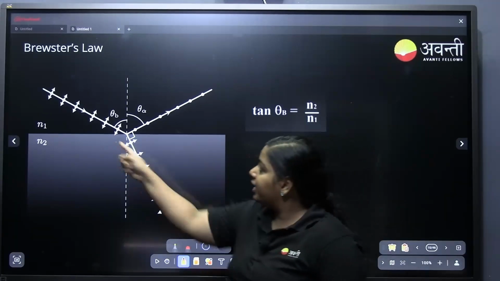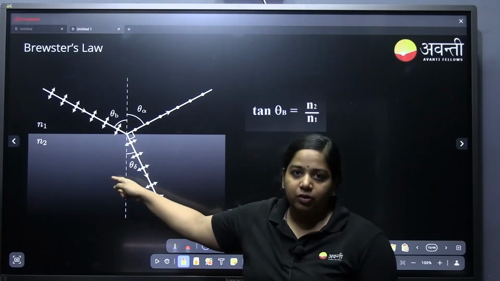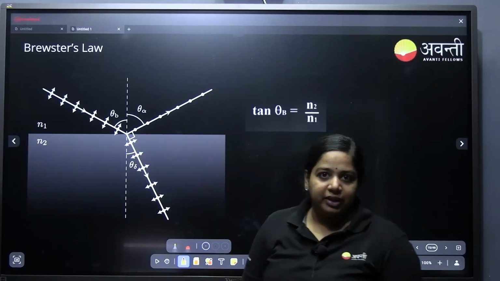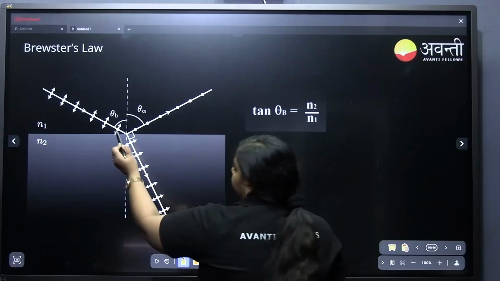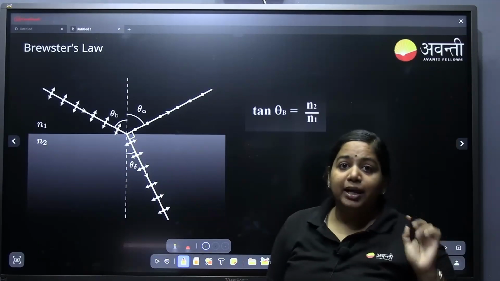As you can see, when light is falling on a surface at a particular angle, every time there will be some reflection, some refraction, okay? But at this particular angle, all the reflected light will be fully polarized.